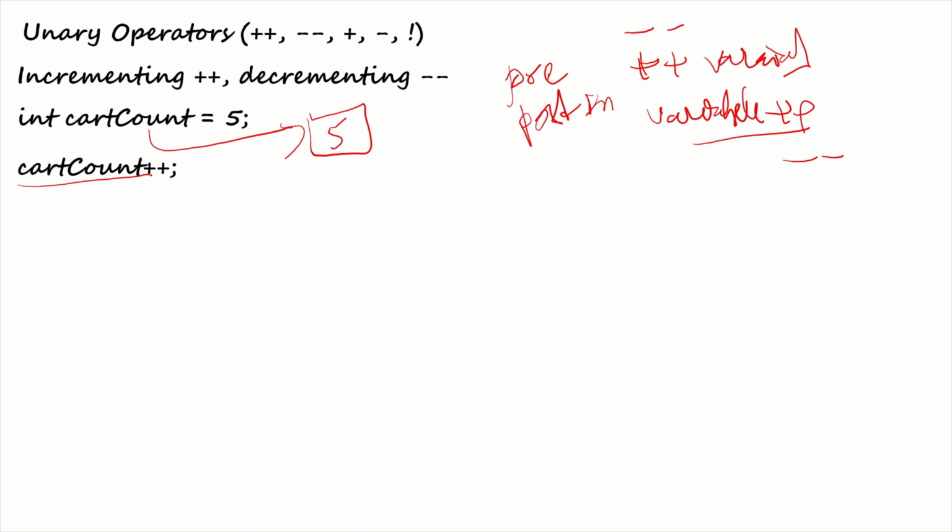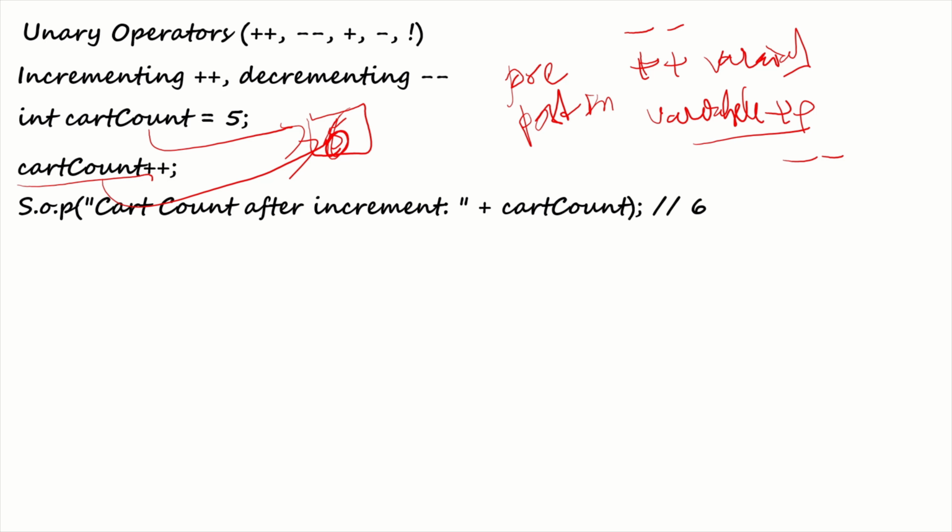The moment this line executes, the value of this variable will be incremented by 1. So 5 will become 6, and the cart count variable will point to the same memory. If I access it later, after these two lines execute, I'll get 6 here.